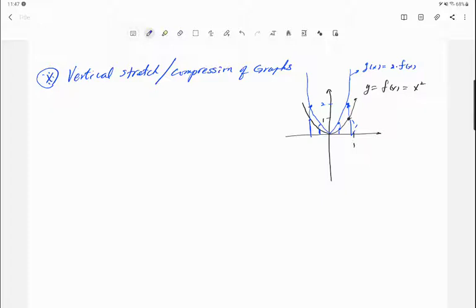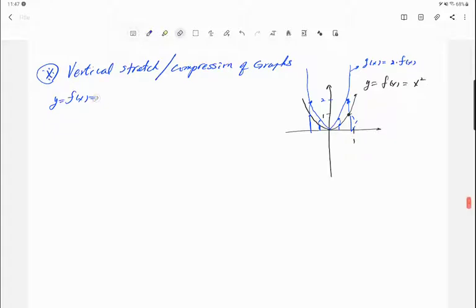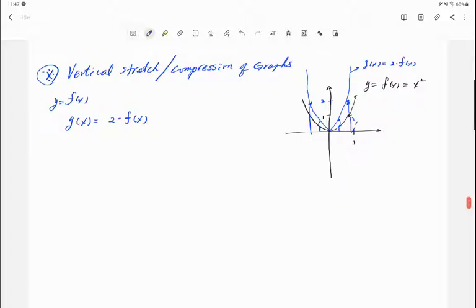So when we do a stretch or compression, let's say y equals f of x, then the new function g of x is obtained by multiplying the original y value by a number like this. If this number is greater than 1, then the y value is increased by a factor of 2, right? So that is a stretch.